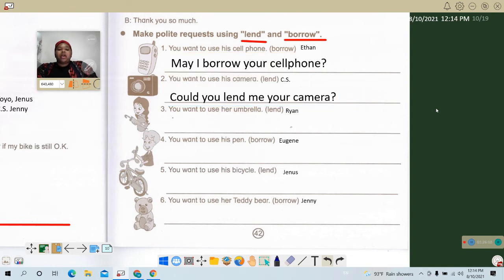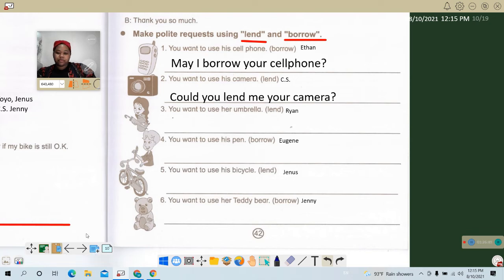Okay? Next, Ryan, you want to use her umbrella, and then who is this? Dana. So you want to use Dana's umbrella. How do you ask her politely? Use lend, please. Could you lend me her umbrella? You're talking to her. So again, could you go.